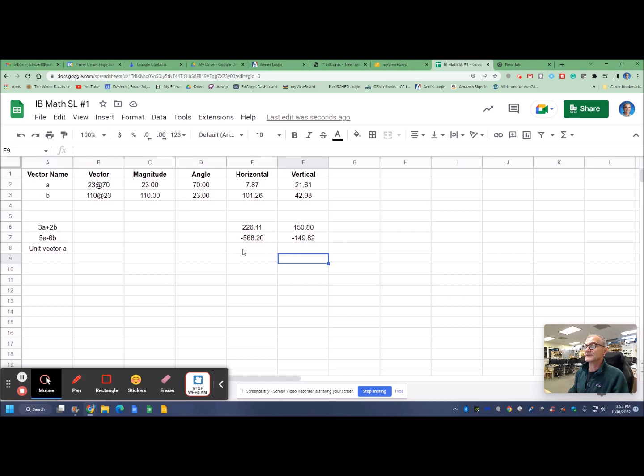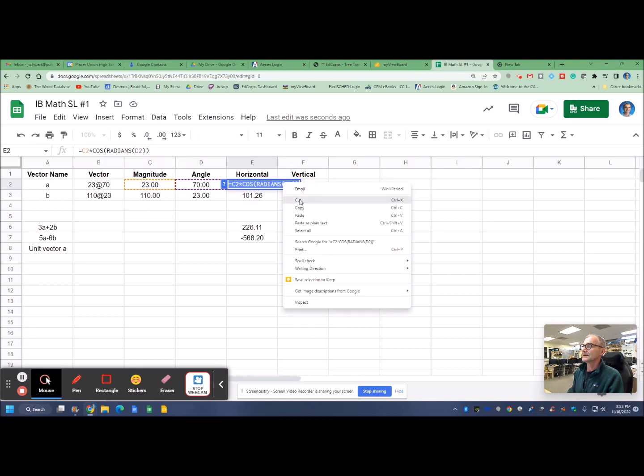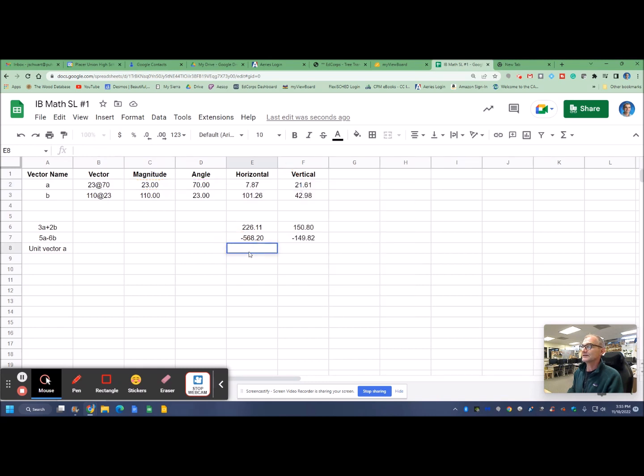If I want to find the unit vector of A, I could just find the horizontal component. It's really going to be the same equation as this, except, let me copy this, I'll place it right here. Except I'm not going to multiply by the magnitude.